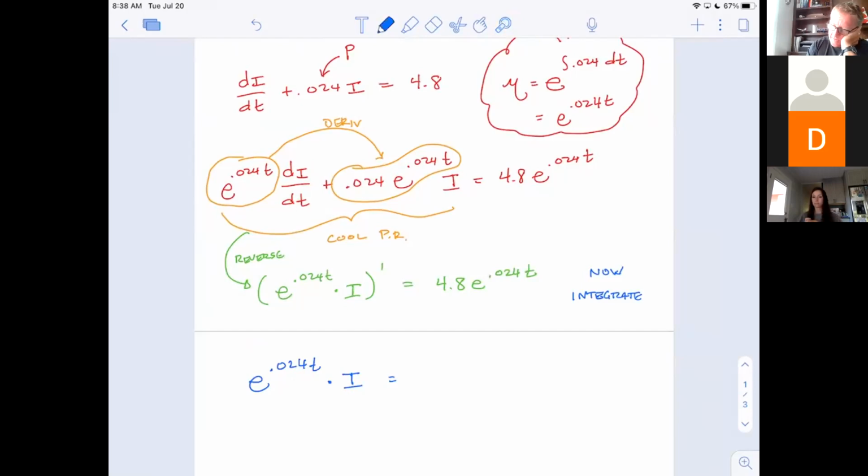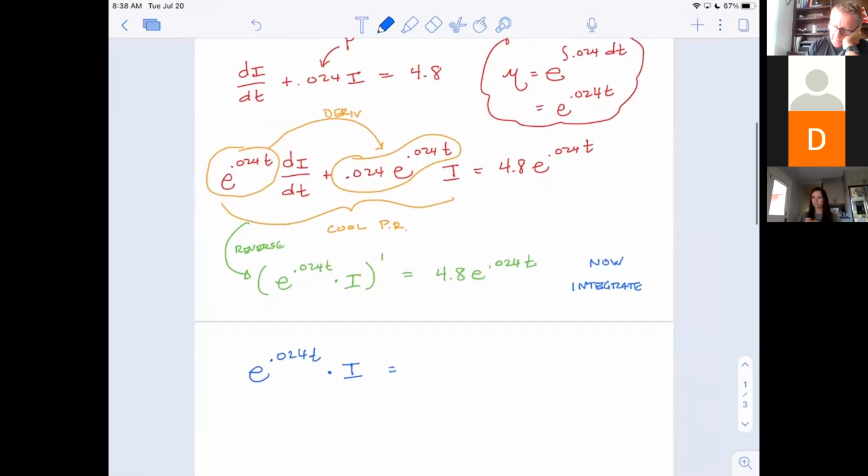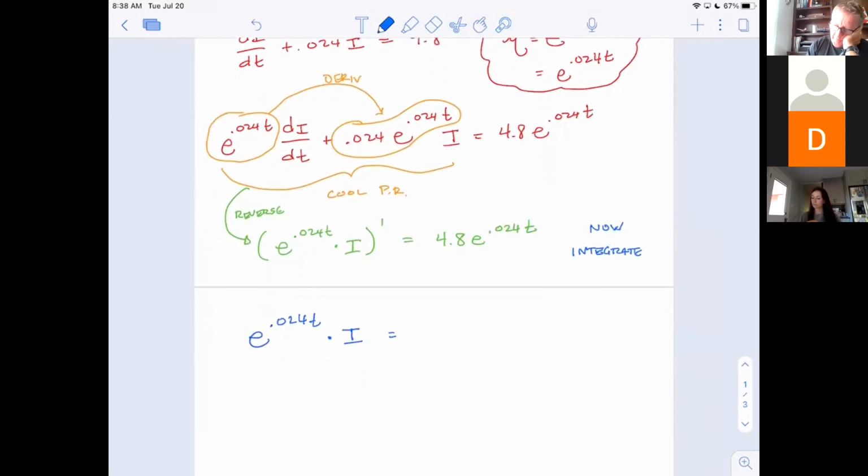But I do have to take the integral of the other side. Let's be a little careful here. You might be able to do this in your head, but let's let u be equal to 0.024t. That would mean that du, the derivative of both sides, is equal to the derivative of 0.024t, which is just 0.024.